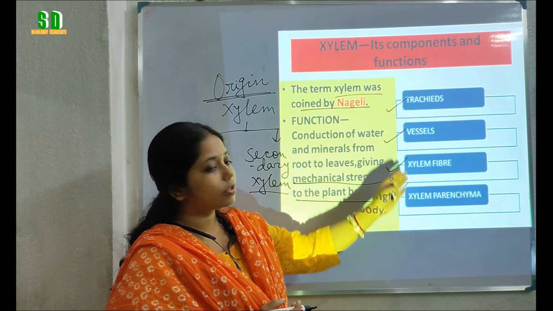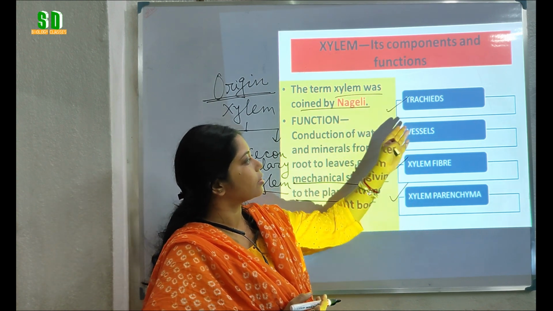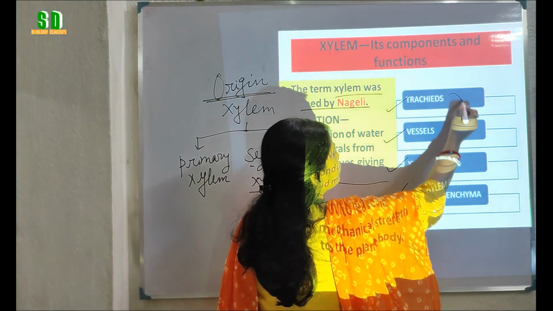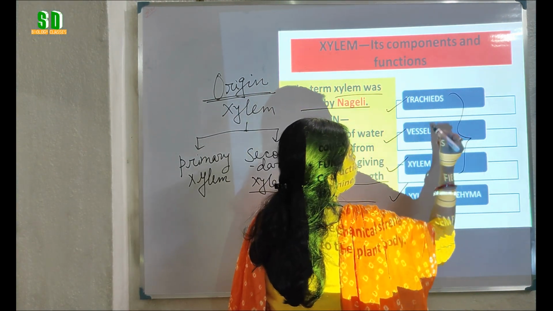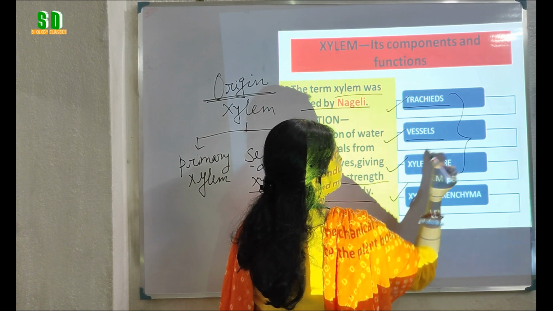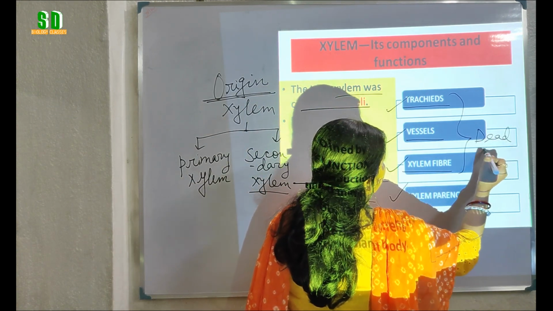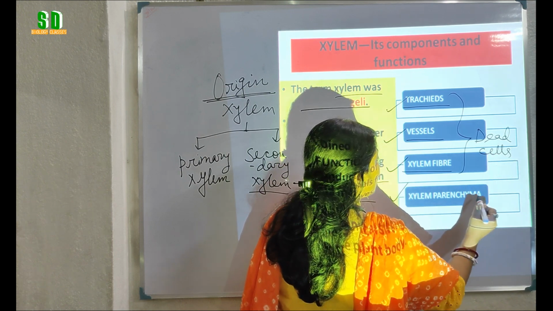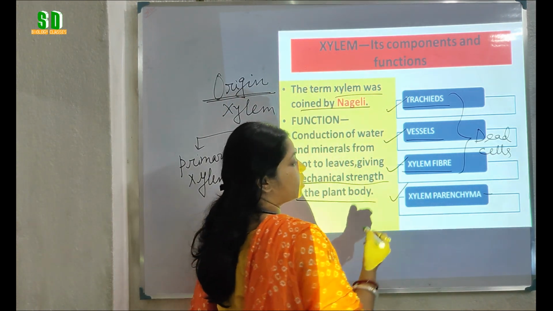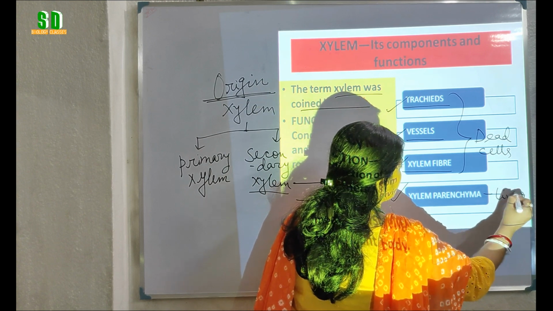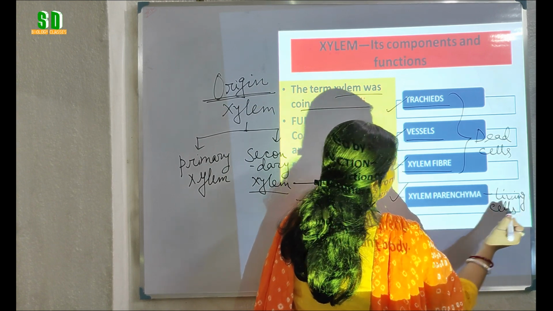Out of the four members of the xylem tissue, that is tracheid, vessel, xylem fiber and xylem parenchyma, three members, that is tracheid, vessels and xylem fiber, are made up of dead cells. Only the living member of the xylem tissue is the xylem parenchyma. So it is made up of living cells.